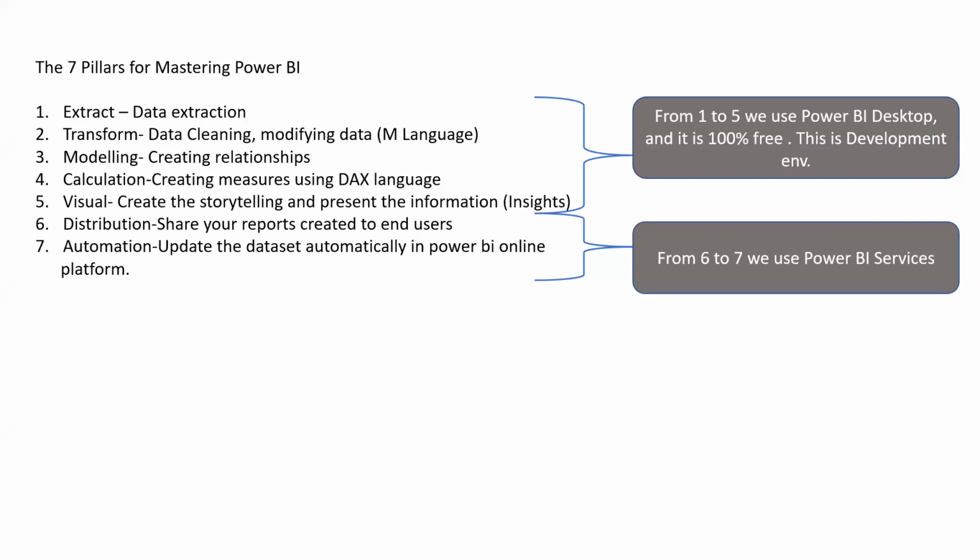Here I'm calling it a language, but it is not coding or some programming language. It's a formula language. It's simple button-click transformations only. You don't need to worry about it. Simple data transformation activities are button clicks, or maybe you have to write simple formulas and functions only. Not very big programming or code.